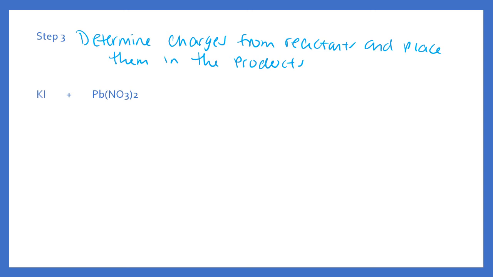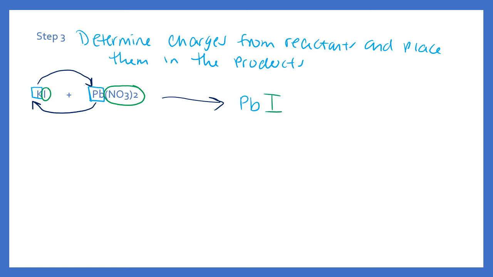I'm just going to walk you through it. So K again is the metal, I is the nonmetal, Pb is lead, it's the metal, NO3 is the nonmetal, K and Pb swapped places, I and NO3 stayed the same. All right, so I have Pb with the iodine plus the potassium plus the nitrate.